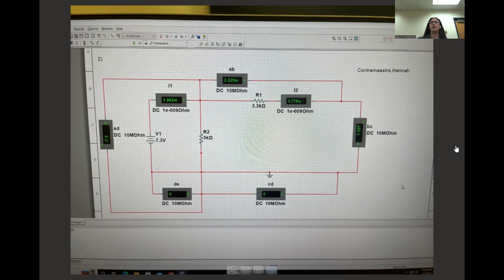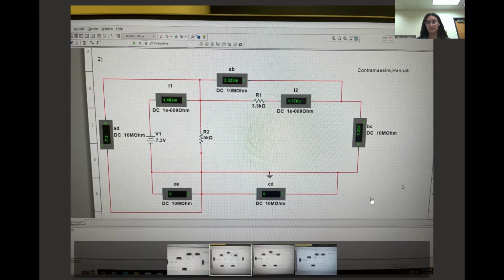Then we drew the whole circuit, and the readings should be 0 for the indicator 2, BC, CD, and DE. Thank you.